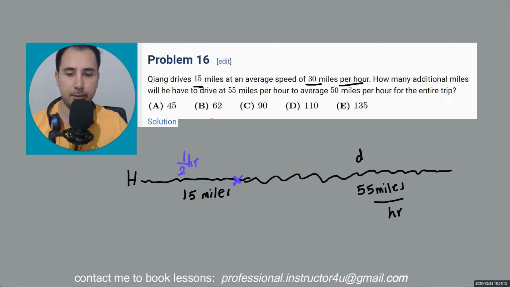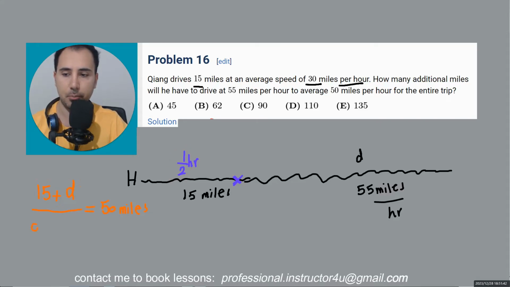So let me write it here. Whatever we do, this is supposed to be 50 miles per hour, the average one. As I told you before, we have to add all the distances and write it here. First 15. Then we have to go with the distance of d. Now what is the time? At first, it took us half an hour.